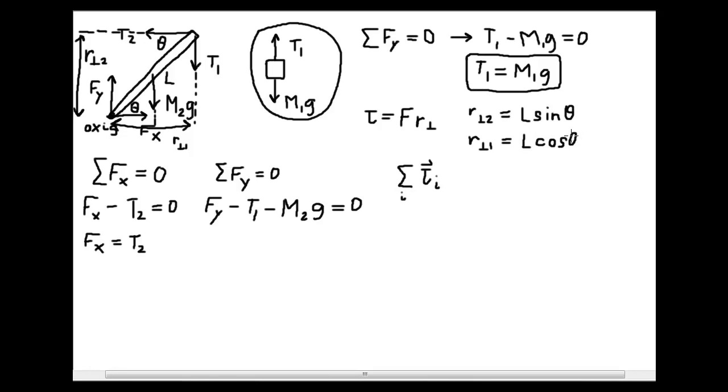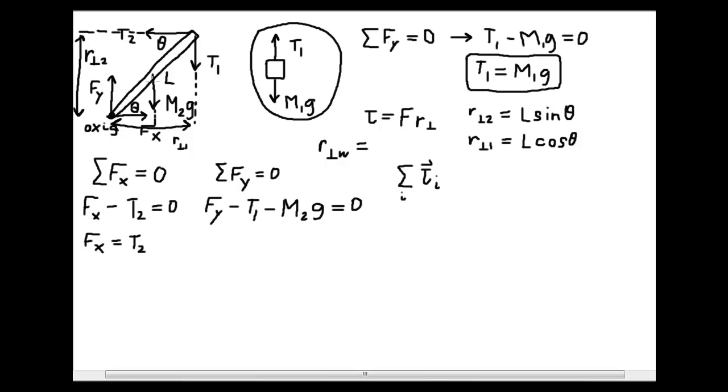And finally, R perpendicular for M2G, which is the weight of the beam itself. I'll call it RW because it represents the R perpendicular for the weight of the beam.